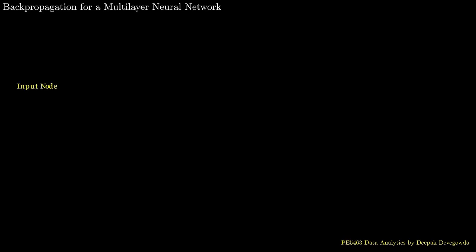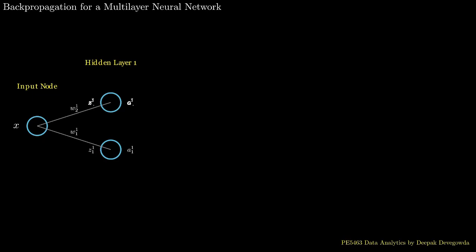So let's consider a simple neural network with one input and two connections to the hidden layer with their corresponding weights and biases. And I'm going to assume that the neurons contain a ReLU activation function, although there are several other options. From hidden layer 1, we have connections going out to hidden layer 2 with their own corresponding weights and biases.